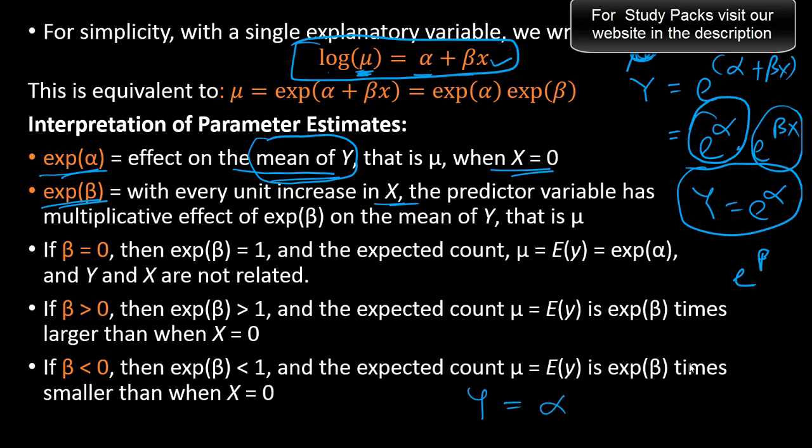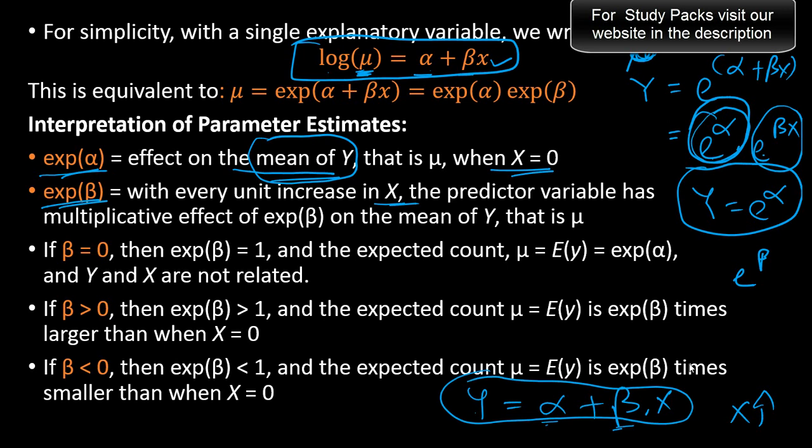If you have y equal to alpha plus beta x, and x increases by 1 unit, the corresponding increase in y is just beta. There is no relationship with alpha. But here there is a relationship because it has a multiplicative effect, since you are multiplying exponential of beta with exponential of alpha. So the marginal effect is not just dependent on the value of beta, it's also dependent on the value of alpha. That's why it is different. But in a multiple linear regression, it's only the beta values that matter while explaining the marginal effect.